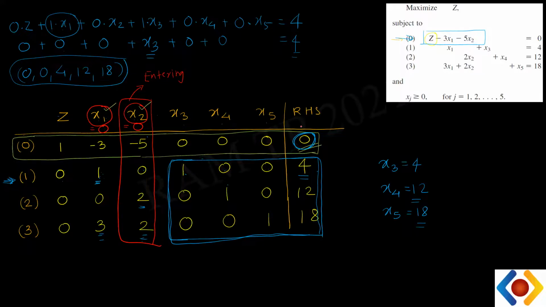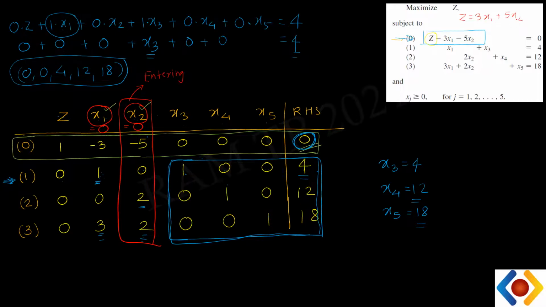It is called the entering variable. But sir, here we are considering it's -5 right there, so it's the smallest number possible. That -5 is there because we have just modified the equation. What is the original equation? Z is equal to 3x1 plus 5x2, right?